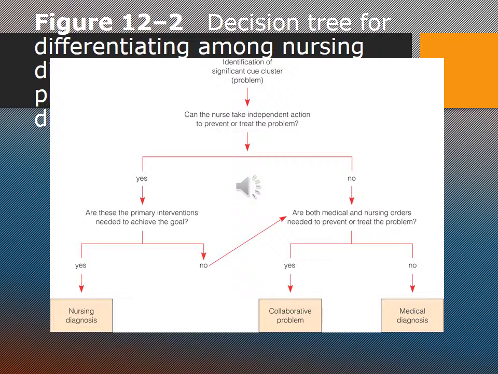If the answer is yes, are these the primary interventions needed to achieve the goal? If the answer is yes, it's a nursing diagnosis. If it's a no, are both medical and nursing orders needed to prevent or treat the problem? If it's yes, it's a collaborative problem. But if you're no all the way through this process, that refers to a medical diagnosis. Remember, we don't treat medical diagnoses, we treat the response to problems.